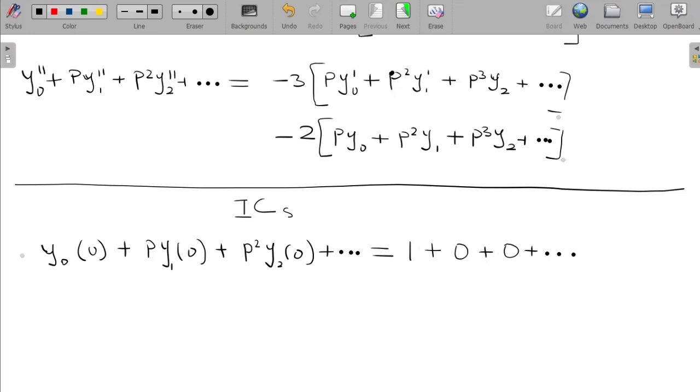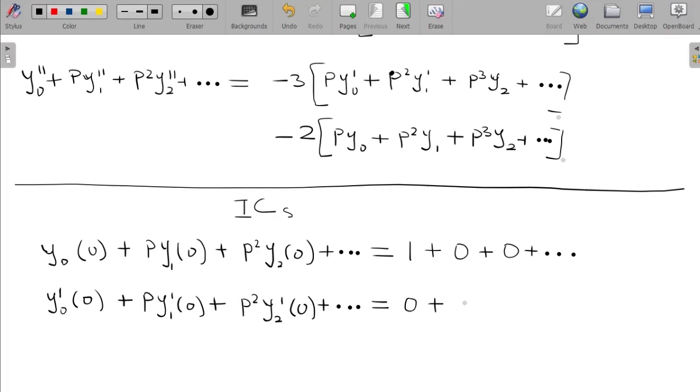Then for y'(0), we have y0'(0) + p y1'(0) + p^2 y2'(0) +. Here we have y'(0) equal to 0, so all will be 0, 0, and 0, continuously like that.